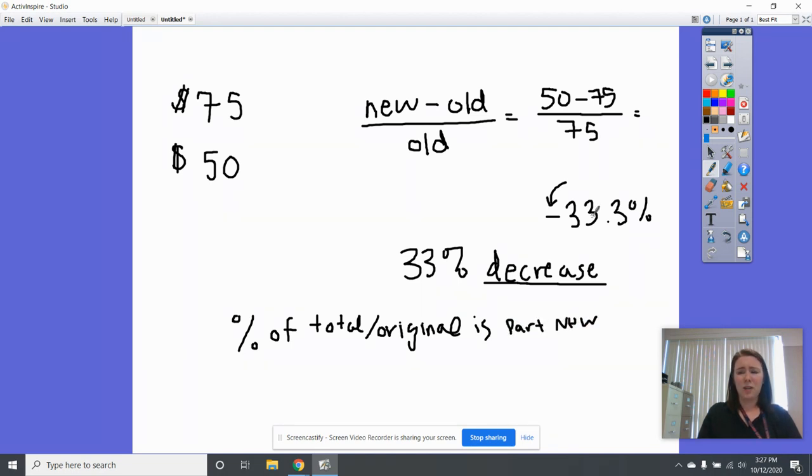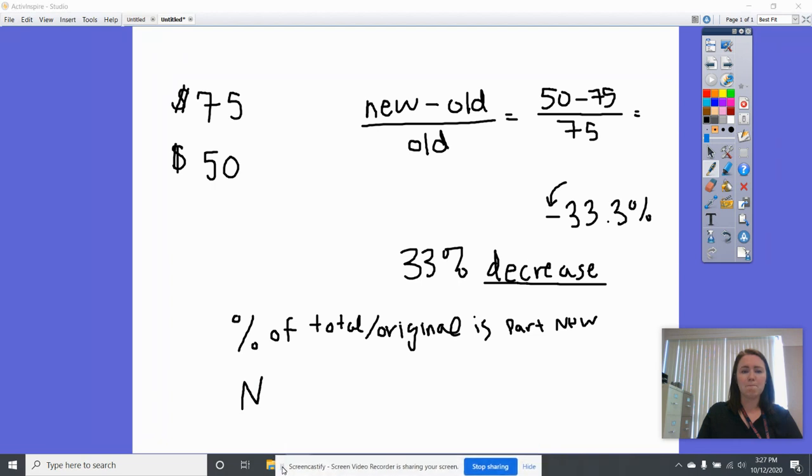Well, our goal is to figure out the percent, so we don't know what it is. I'm just going to call that N. Of means times. I do know the original price. The original price was $75. Is means equals the part or new. The new price is 50.